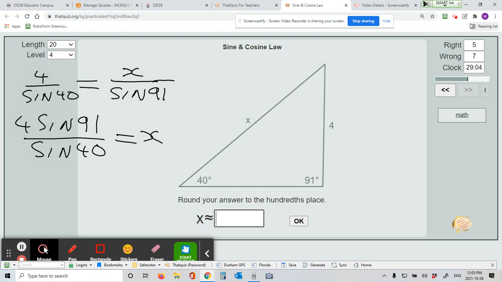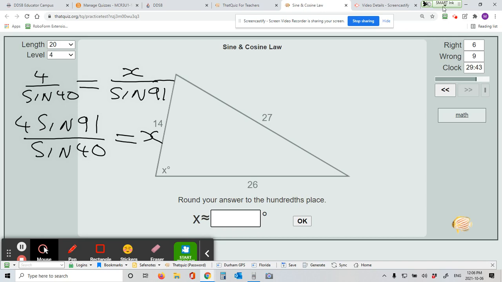Give me your answer, please, correct to two decimal places. 6.22. Okay, got it. Nobody contradict that. I'm going to put that in exactly as you said it. All right. Is it okay for me to hit okay? Got a thumbs up there?